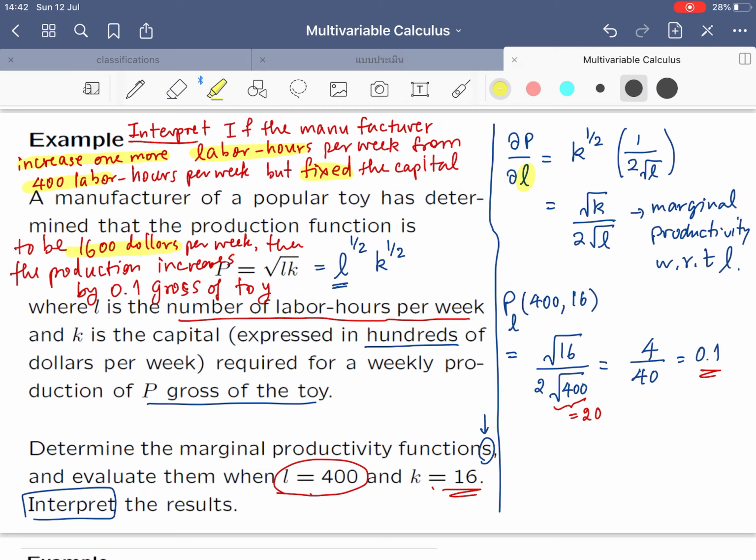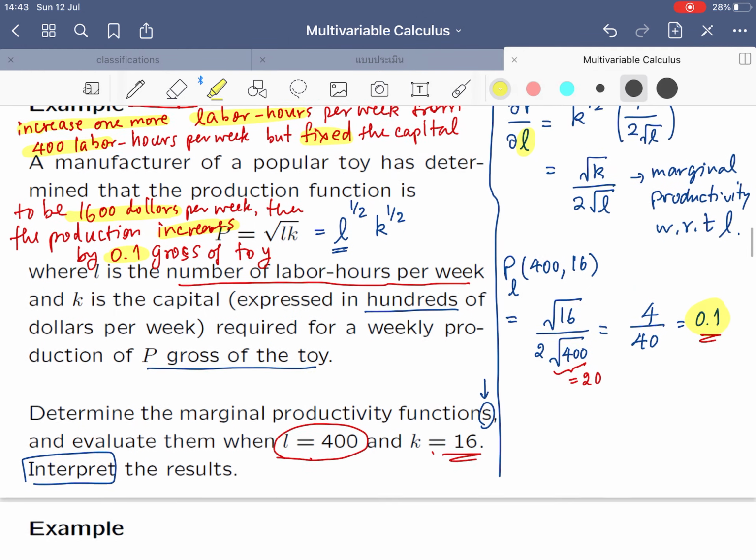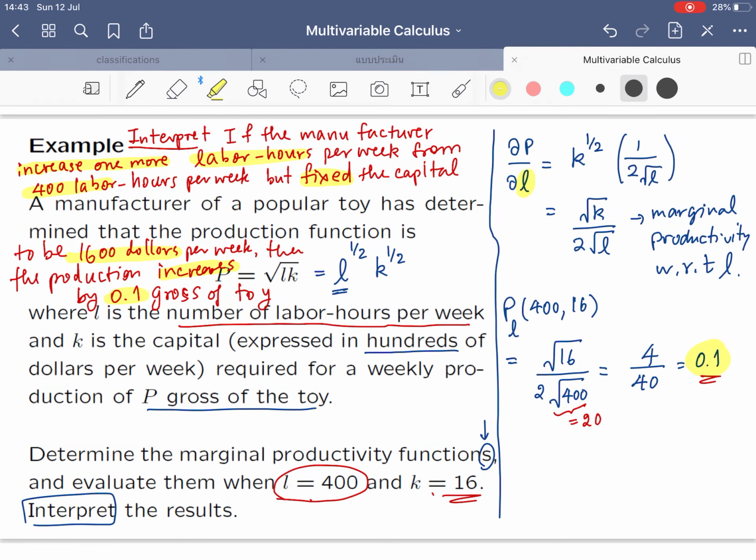And because it is positive, it means that the production increases by this much, gross of toy. All these are the important keywords. You can rewrite this sentence in good English, but all these keywords must be there.